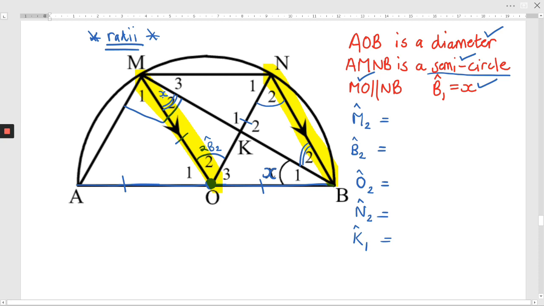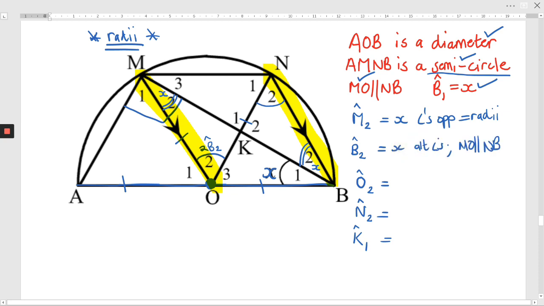Okay, hang on a second. I marked that as a double bar, which means B2 is also X. That's alternate angles. So M2 is X, and that was angles opposite equal radii. And then that linked to B2, and you can see these questions scaffold beautifully. The one leads to the next one, so you do want to do them in order. It's pretty much the only section in maths you really want to do in order. B2 is X, and that's because of alternate angles.